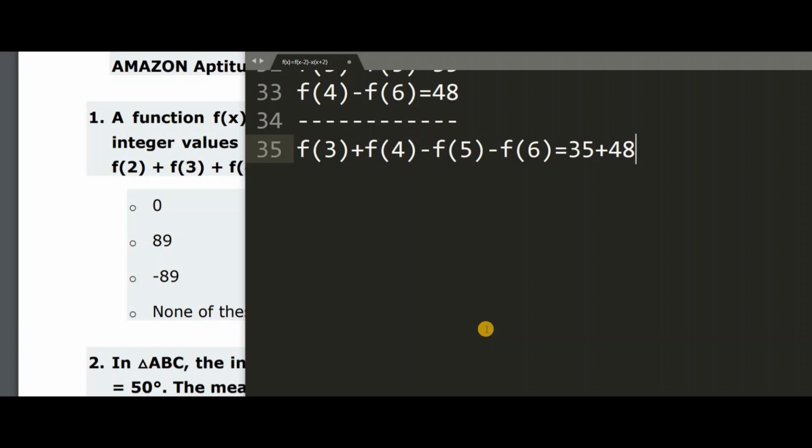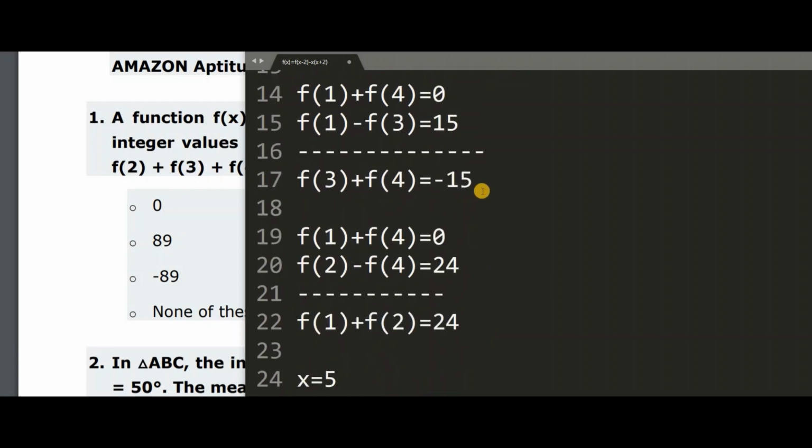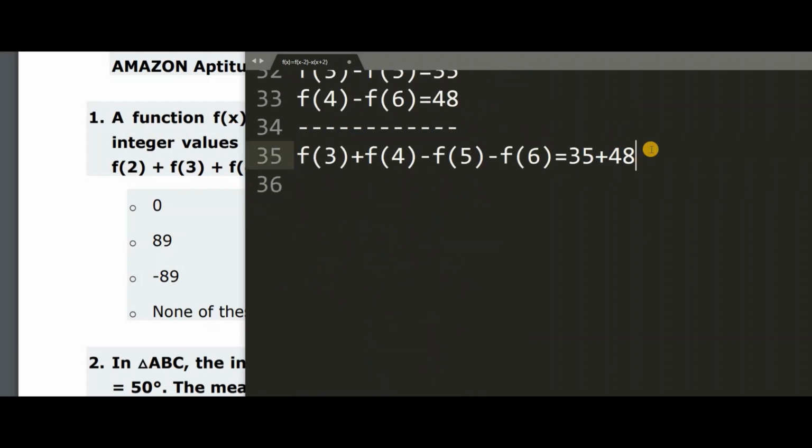So we already know the value of f(3) + f(4), that is -15. So we can substitute here: -15, and we will bring this 35 + 48 to the left side. Minus 35 minus 48 equals f(5) + f(6).